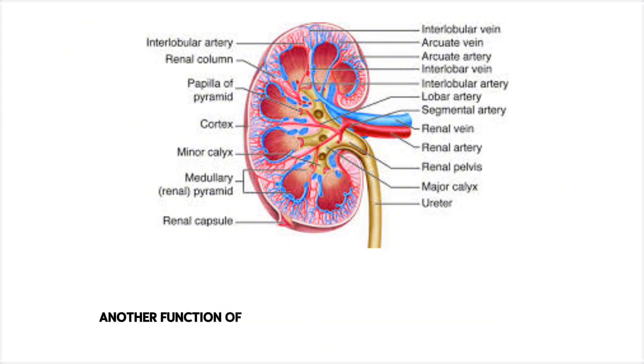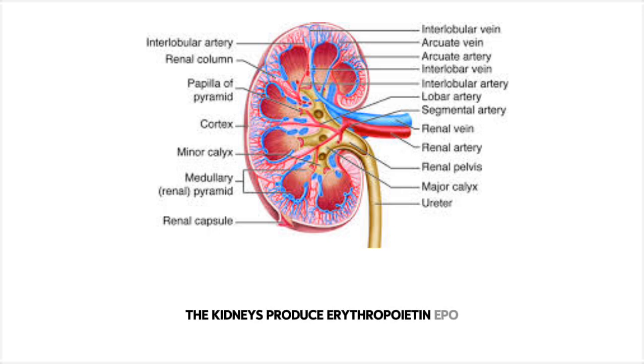Another function of the urinary system is erythropoiesis. The kidneys produce erythropoietin, EPO, which is a hormone that stimulates the bone marrow to produce red blood cells.